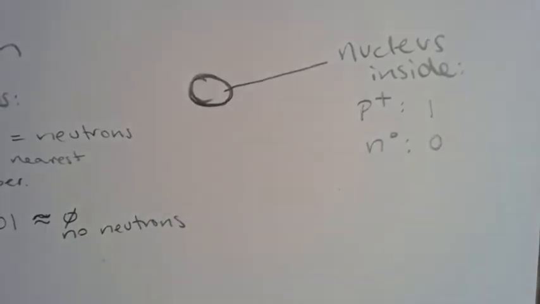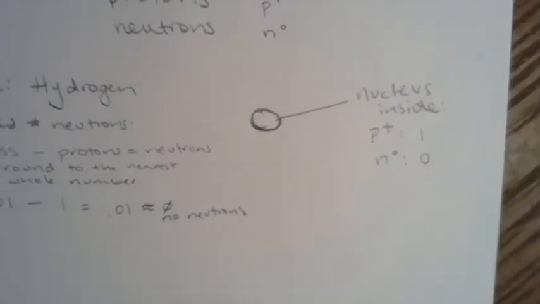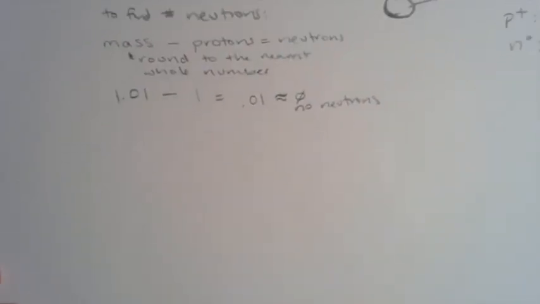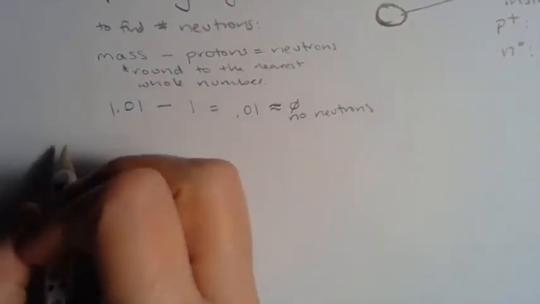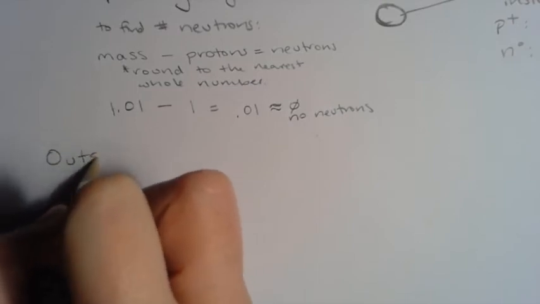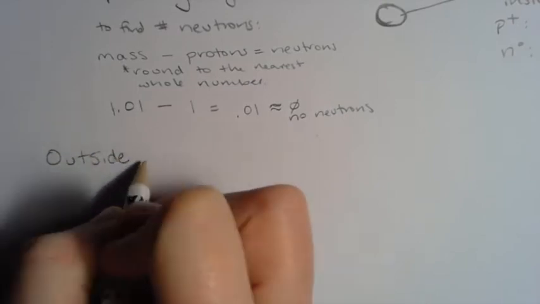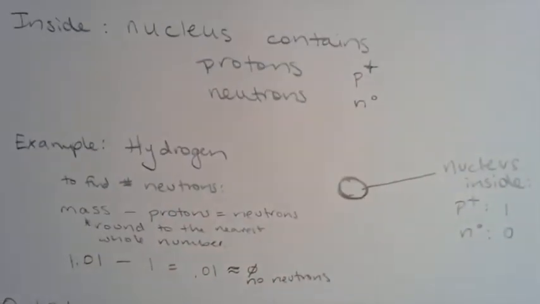Okay. That's the inside of our Bohr structure. The outside is where it's going to get more interesting. To draw the outside of your Bohr structure, that outside part is where most of the exciting stuff happens. We just put 2 of our 3 particles on the inside, in the nucleus.